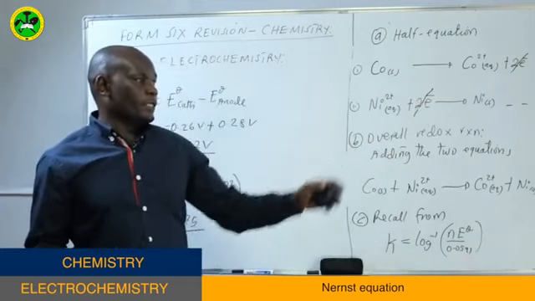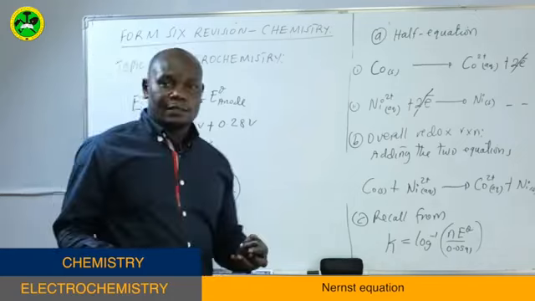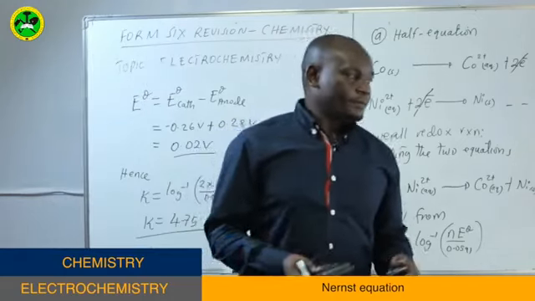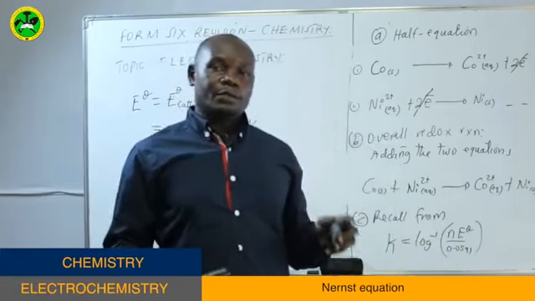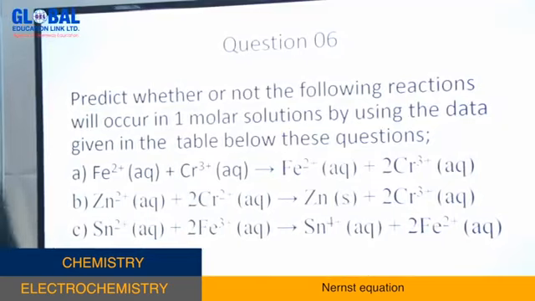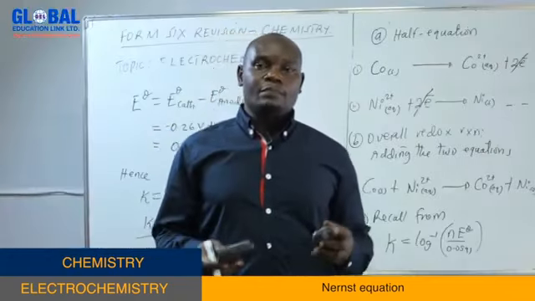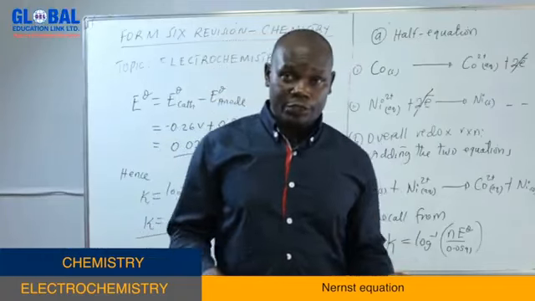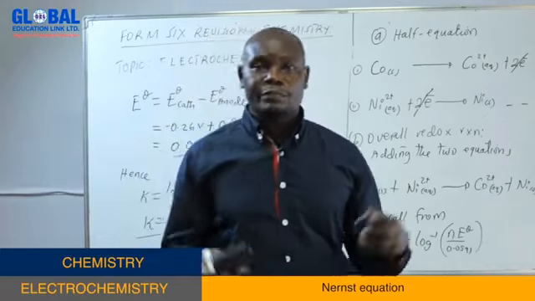This is now for the next period. So for today, let us end here. The next lesson will be dealing with how to use the standard electrode potential of a cell in calculating the pH of a solution, because the pH of a solution is always measured by using the pH meter.